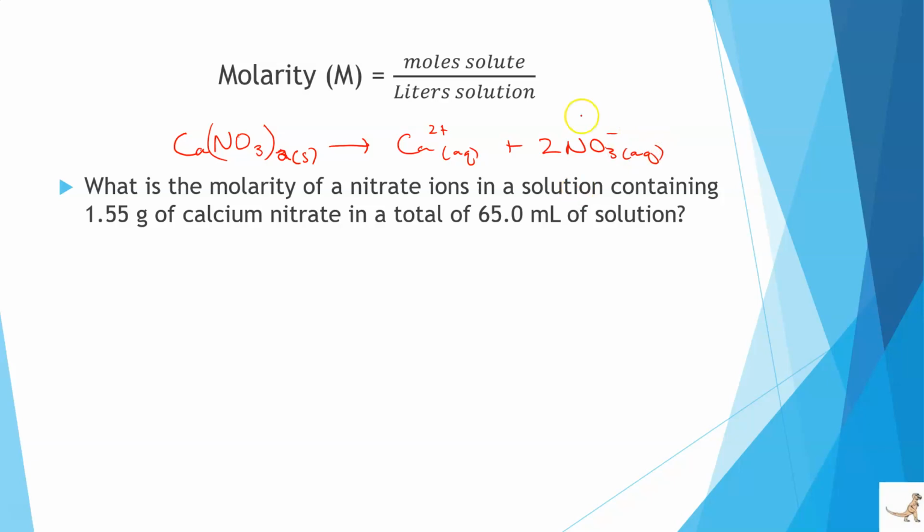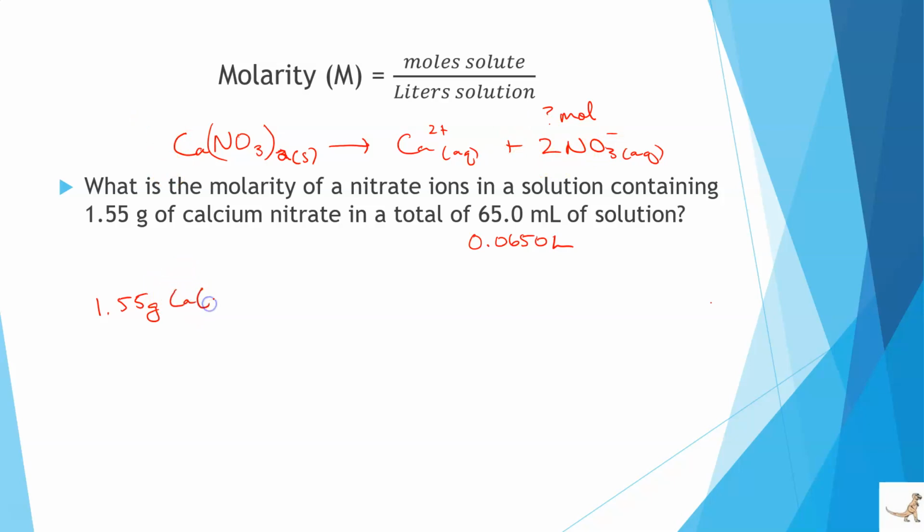And so I need to find the moles of nitrate, and I need to divide that by the liters of solution, which is going to be 0.065 liters, 65 divided by 1,000. In order to find the moles of nitrate, I just need to convert grams of calcium nitrate to moles, and then I need to use this mole ratio of 2-to-1 here.